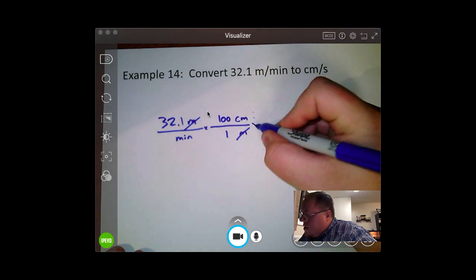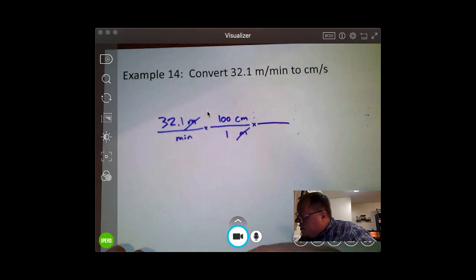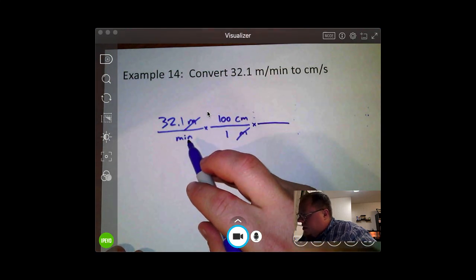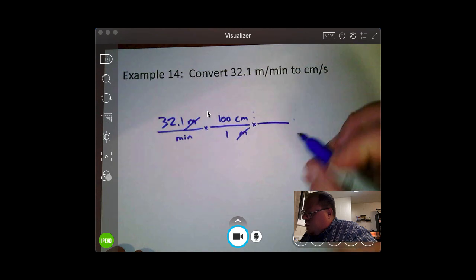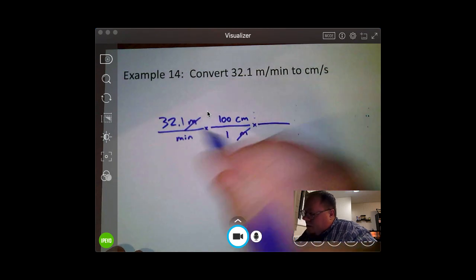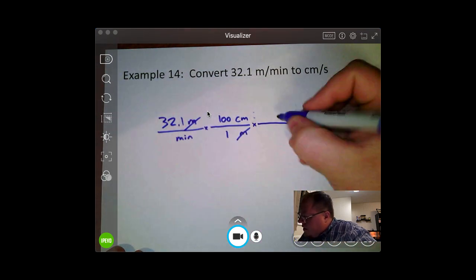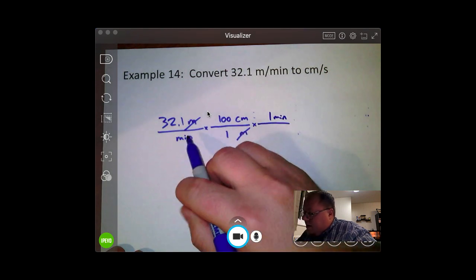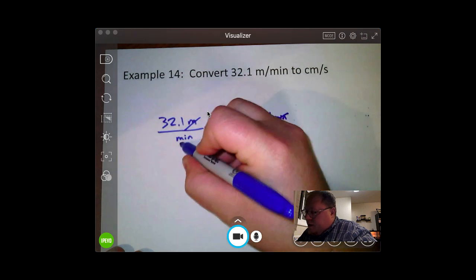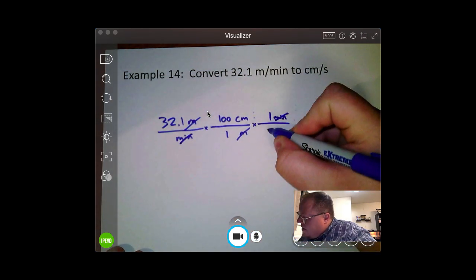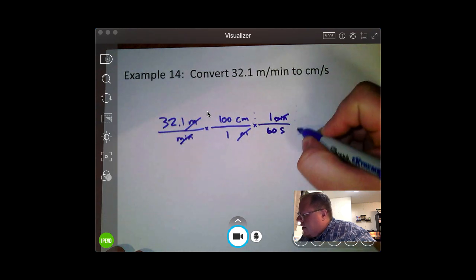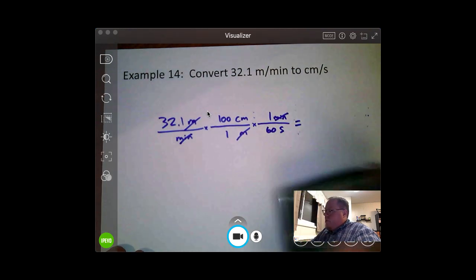Okay. Next, I want to keep the centimeters, don't change that, but I want to get rid of this minute. There are 60 seconds in a minute, so I don't want to put minutes on bottom because minutes is already on bottom. I'm going to put the 1 minute on top so that it's divided by minutes times minutes, they will cancel each other. And then I'm going to put these 60 seconds on bottom. Okay.